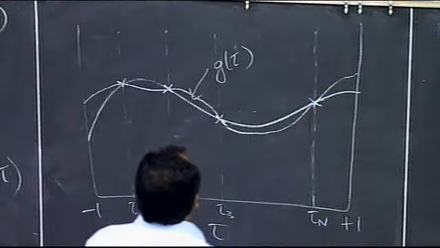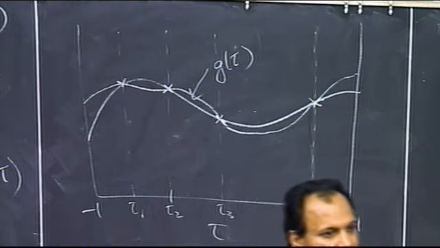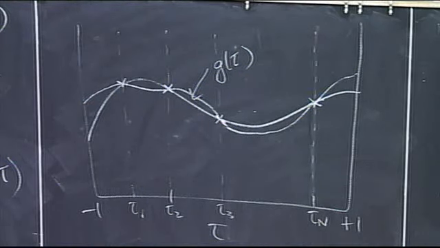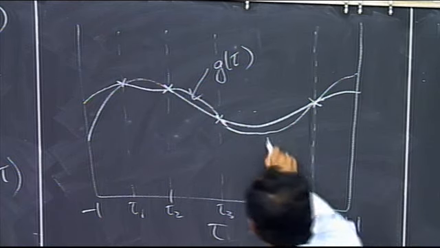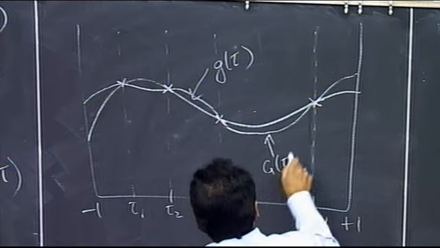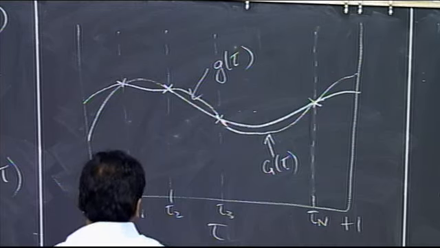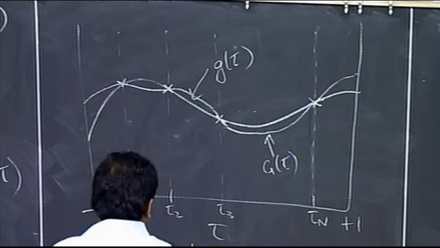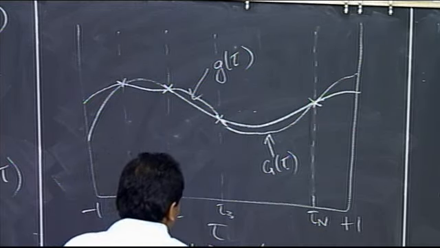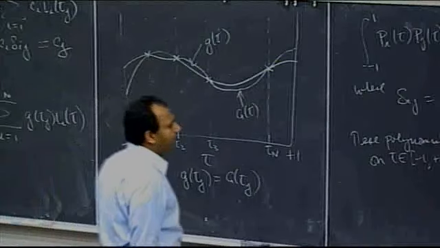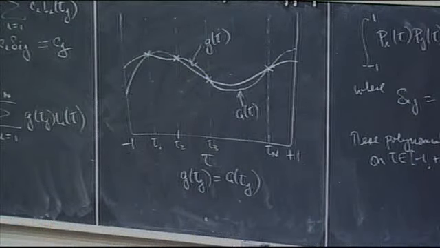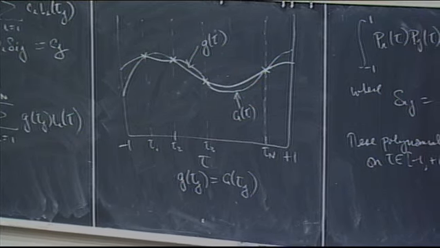But everywhere else, it's not necessarily going to equal that particular function, right? It just means that at the support points, it's equal, right? So this here is big G of tau. And you can see from the graph that little g of tau j has to equal big G of tau j, all right? Now, we need both of these things. This is why I went through all this stuff, okay?